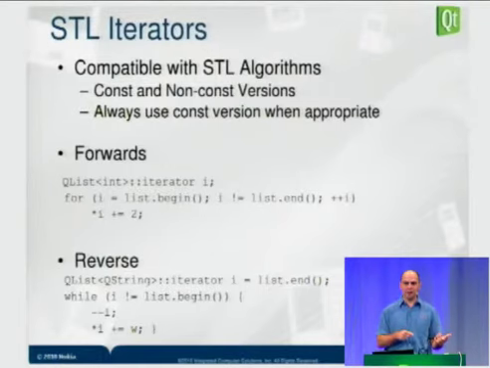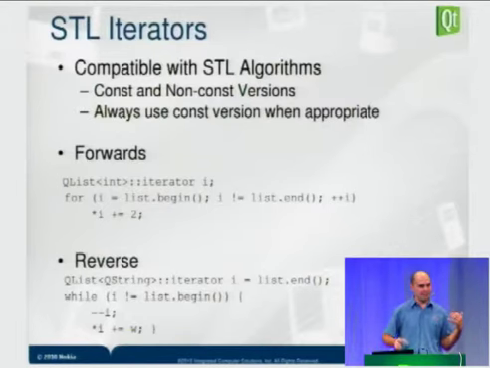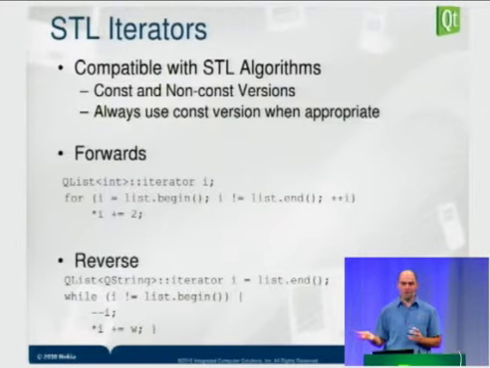So you can use algorithms from STL algorithms. And here's an example of iterating using STL iterators in forwards and then in reverse. Something you should obviously know as a C++ programmer is that it's asymmetrical with C++. The first iterator actually has data at begin, end is invalid, and you should never access it.